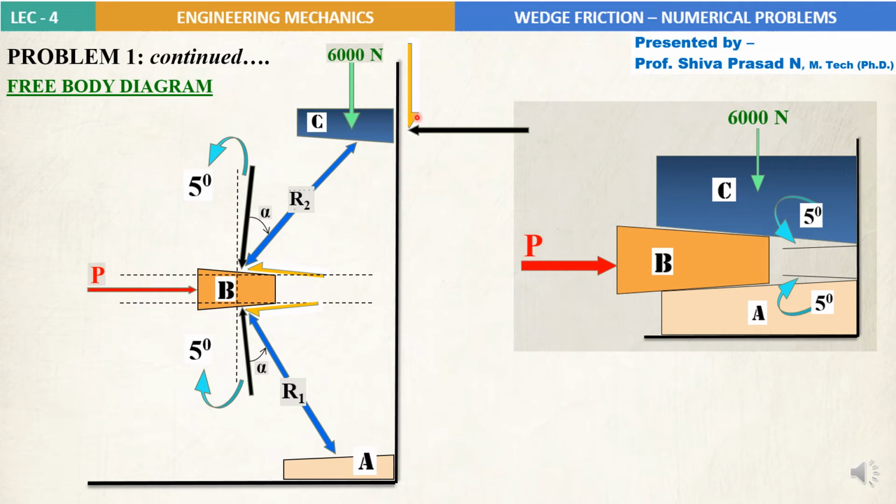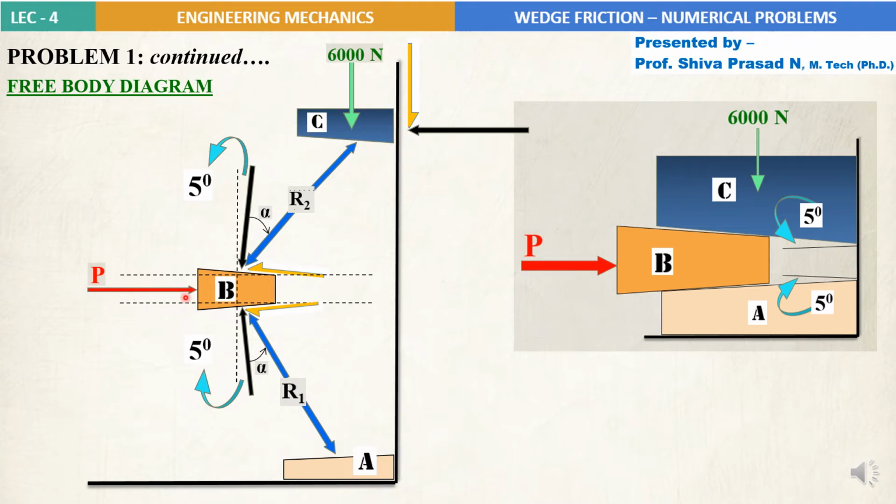This is the frictional force in the opposite direction of the motion of the stone block C, that is, the motion of stone block C is in the upward direction, and so I show this frictional force in the downward direction. Please don't get confused with the self weight acting downwards, and don't say frictional force will be in the upward direction. Please don't say that.